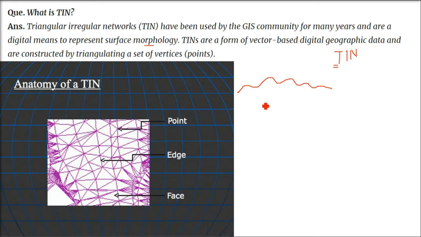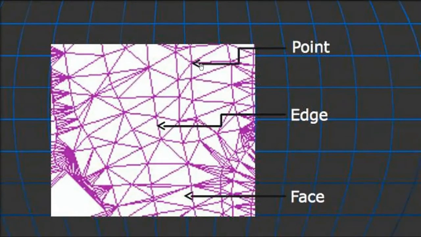But point, line, polygon. So TIN is a structure or network of polygons, of triangles. These triangles are made or divided in a form that represents the equal height scenario.